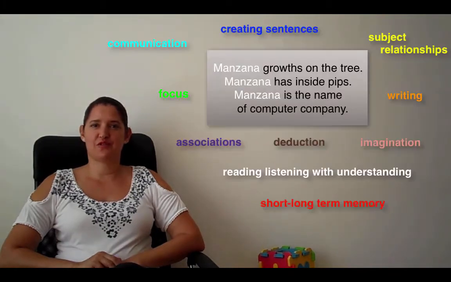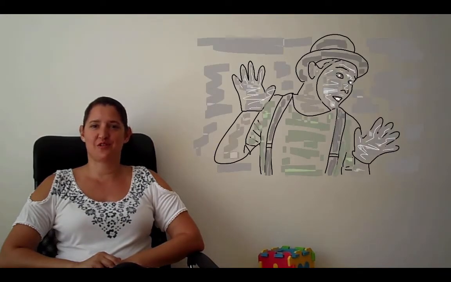The second part is focused on reading and listening with understanding the text, creating sentences, writing, communication, subject relationships, associations, deduction, imagination, concentration, short-term and long-term memory. You can also add drawing and pantomime.